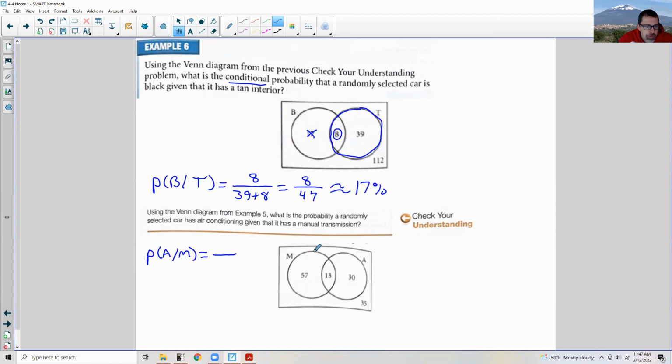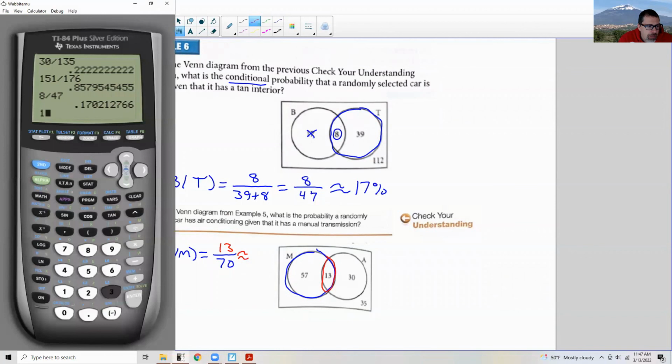Well, the probability that it has a manual is our denominator, and there are 70 cars that have manual transmissions. And the answer to that is these are the only cars that have AC and manual. It's 13 over 70. And that is approximately 13 divided by 70, approximately 19%.